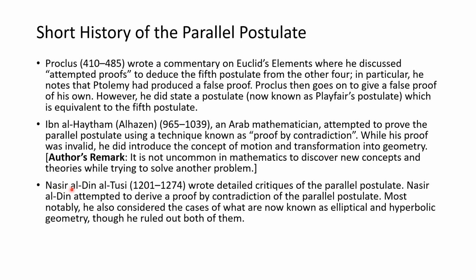Then Nasir al-Din al-Tusi also wrote some critiques of the parallel postulate. He had his own erroneous proof of the parallel postulate, but more notably, he also had the concepts of elliptical and hyperbolic geometry. Now he ruled them out, but his son didn't, and I'll talk about that on the next slide.